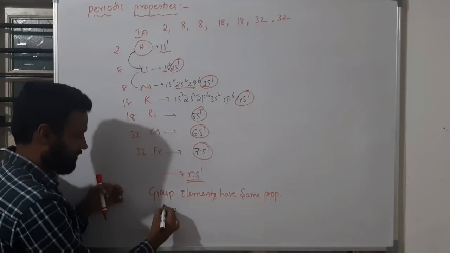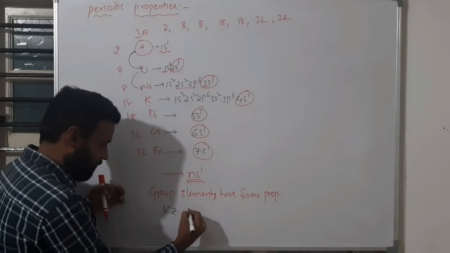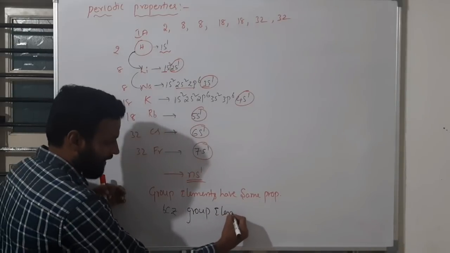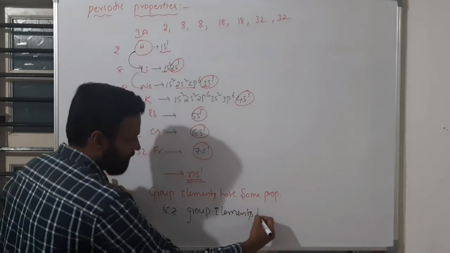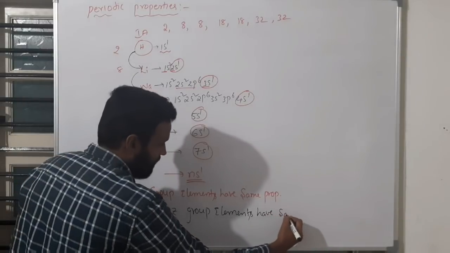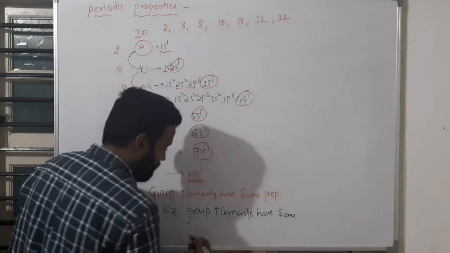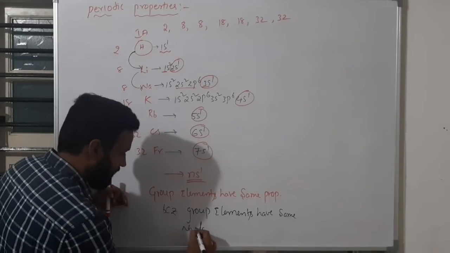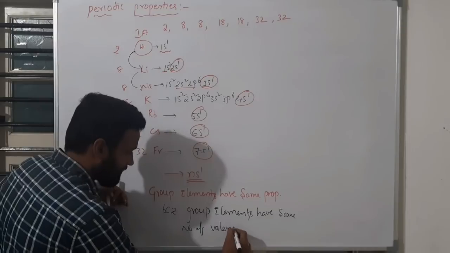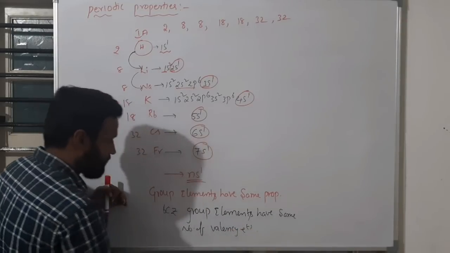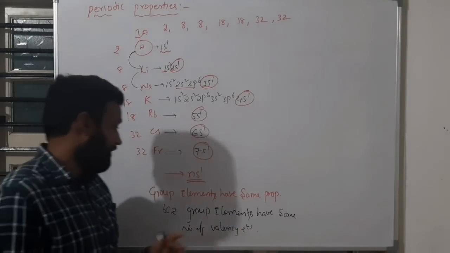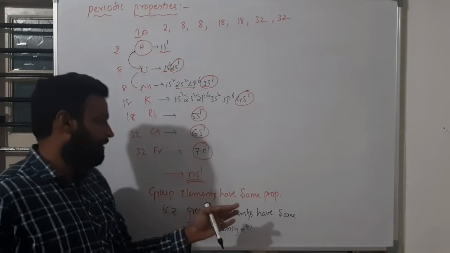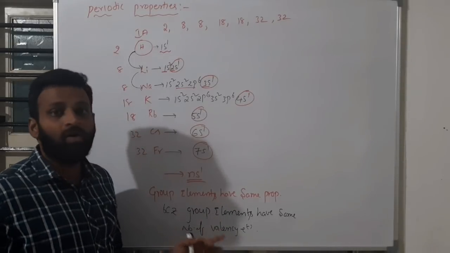Because group elements have the same valency shell configuration, otherwise the same number of valency electrons. So group elements have the same properties because group elements have the same number of valence electrons.